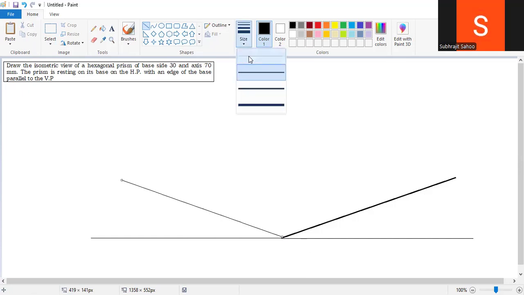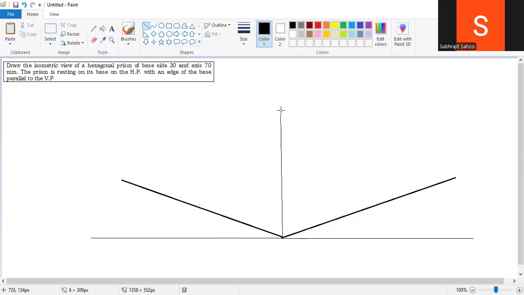And by light line, you draw the 90 degrees, because light line means I need to erase it afterwards.